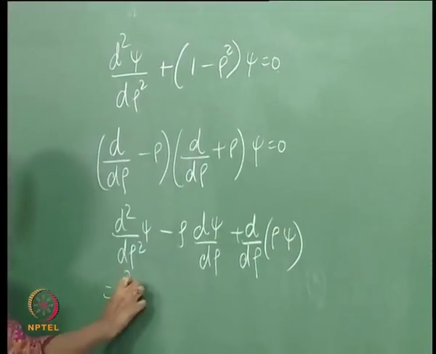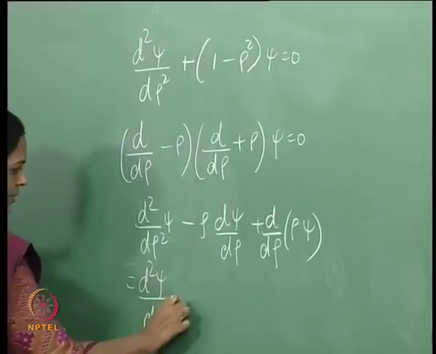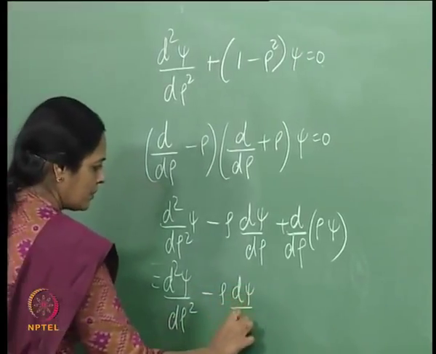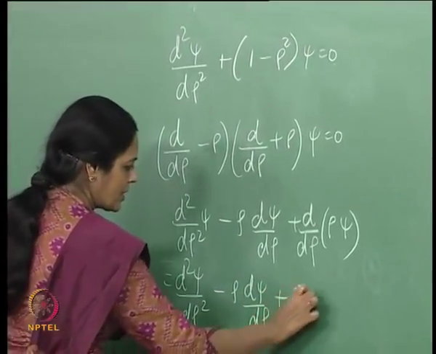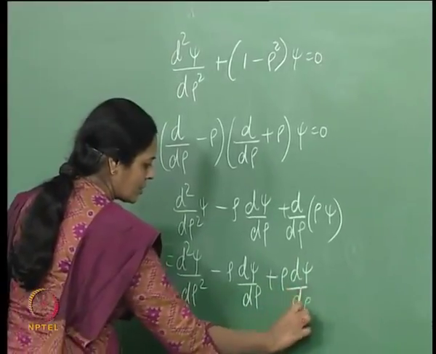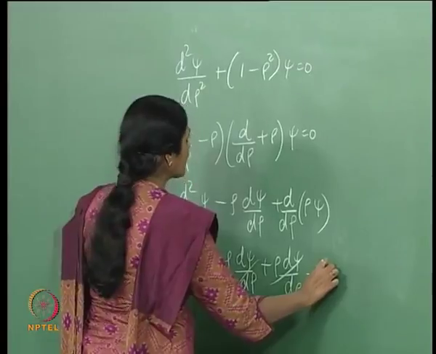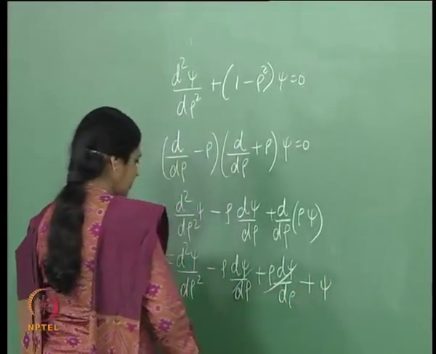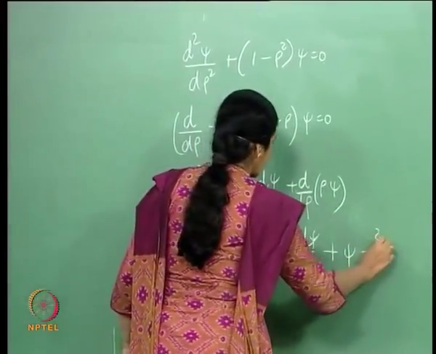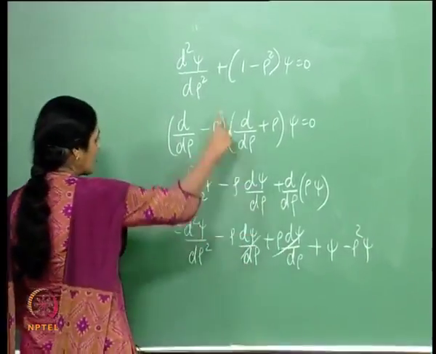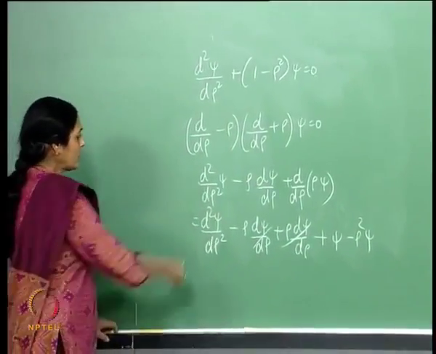So that is the same as d2 psi by d rho squared minus rho d psi by d rho plus rho d psi by d rho, and that cancels out, plus psi, and then I have a minus rho squared psi. So, that gives me a plus 1 minus rho squared, which is what I have here.